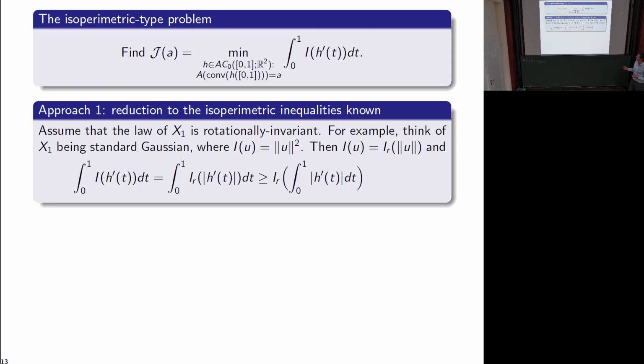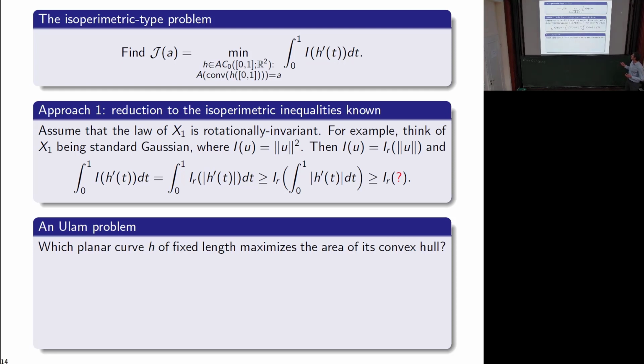We can write it in terms of the radial function, and you remember that the rate function is convex, so its radial function is always convex. I can apply the Jensen inequality, and here I have some function computed at the length of my absolutely continuous curve. And I'd like to lower bound this by something, and I have this constraint.